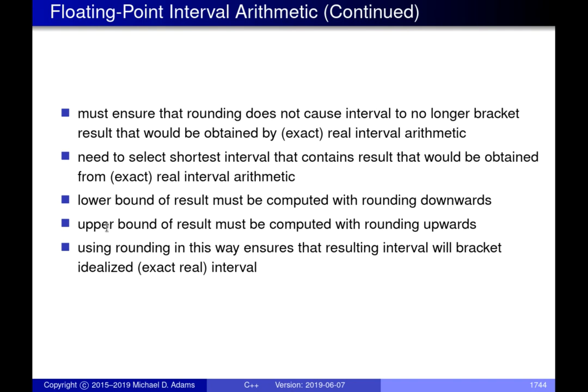And then we do a similar computation, but with the rounding in the opposite direction, rounding towards positive infinity. So effectively we're going to overestimate, specifying a value for the answer which is greater than what the real answer is, or it could be equal if we're really lucky and there's no rounding error. By doing things in this way, we can ensure that the true answer will lie in the range that's specified by the interval result produced by the interval operation that we do.